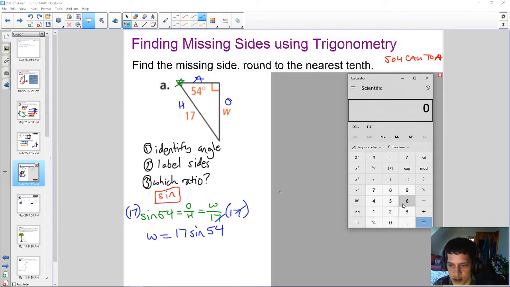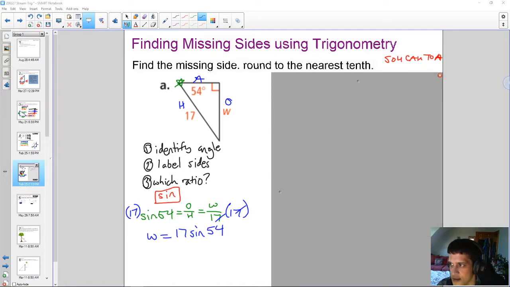I think we have to do 54 first, then hit sine, yep. Then multiply by 17. And we get 13.75. There we go.